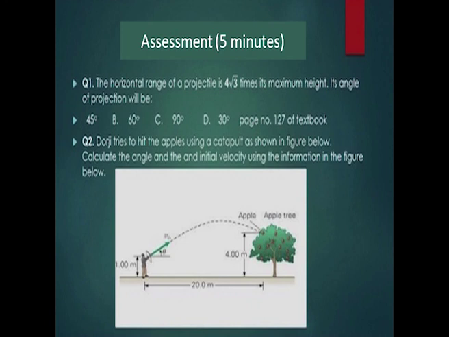Please take note of this picture carefully. Range is given, remember that, and even the height is given. I hope you will be able to solve this question. All the best and give it a try.